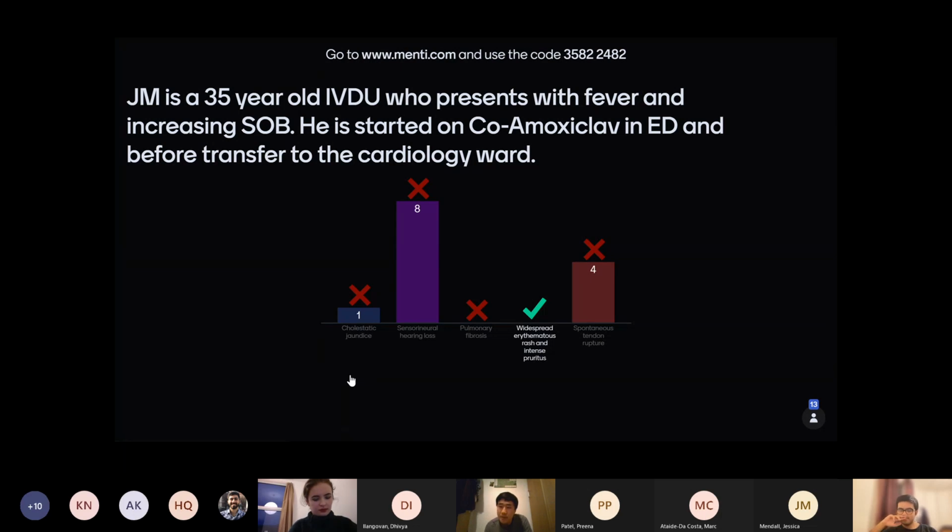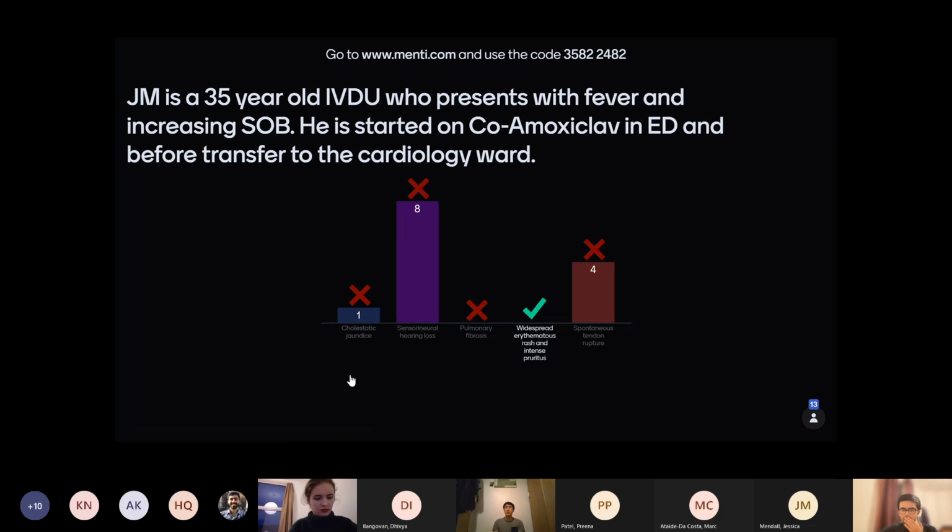Well done, Roger. Any others? Co-amoxiclav is a big one, so I'm happy with that. Other ones that can cause it are fusidic acid, flucloxacillin, and there's another one as well. Steroids as well can cause cholestasis, so think about that.